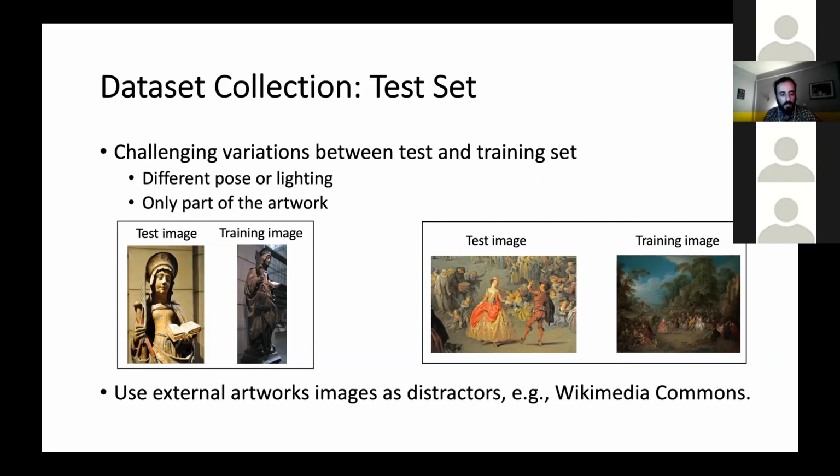The case is that the Met has an API to access all this kind of metadata. So once such a data set is released, probably one can be creative and try to use such attributes in the training process. But otherwise, in the baselines that we're going to consider first, only the instance level label will be used to train a recognition model.